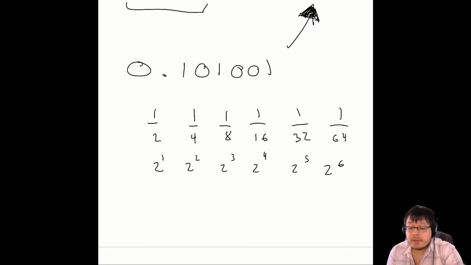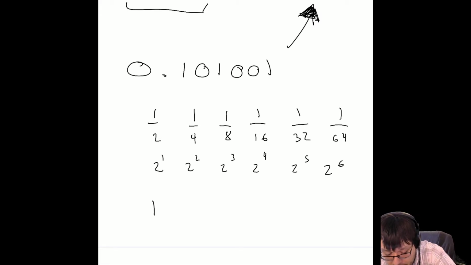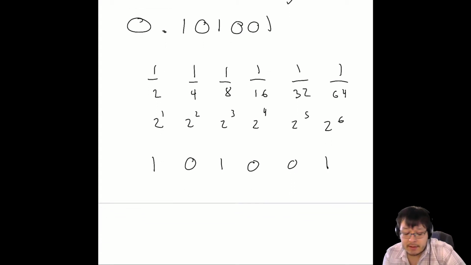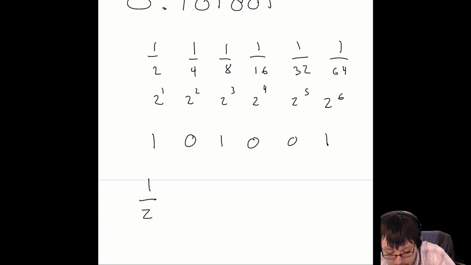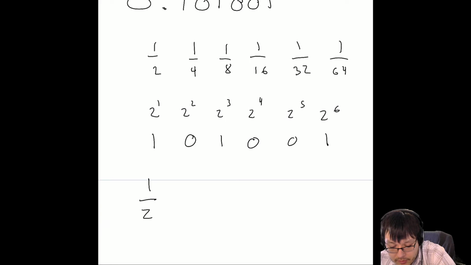So now, if I want to figure out what this number is, I can just put it right here. So 1, 0, 1, 0, 0, 1. And the result of this is I'm going to pull down the ones that have 1s attached to them. So that would be the 1/2. By the way, so that this makes more sense to you, let me go ahead and do the same thing with these values. So these are all over 1s.